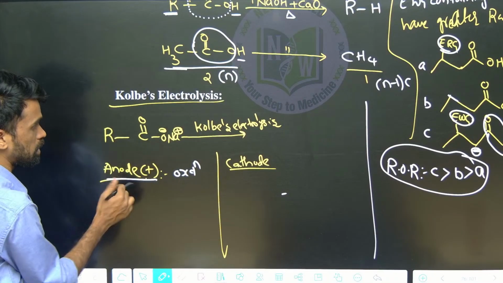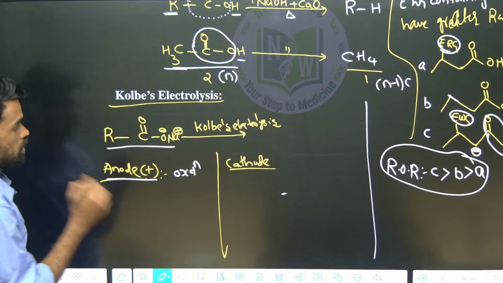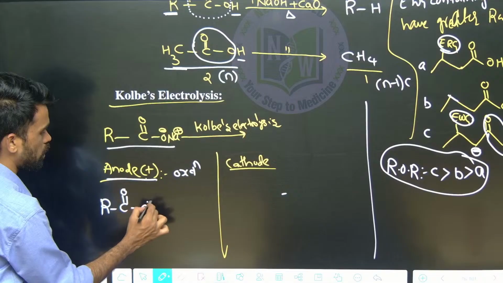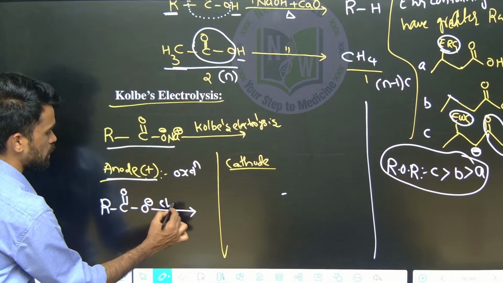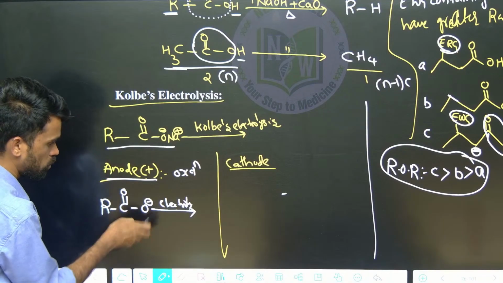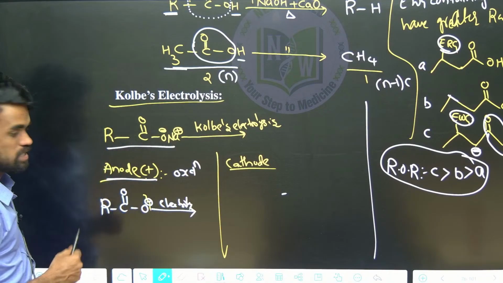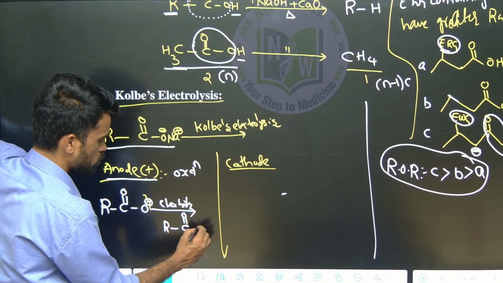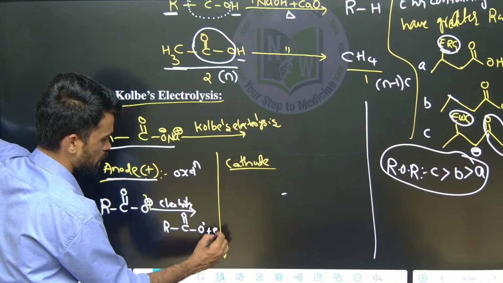It will attract the negative part of the substrate, the carboxylate ion. By passing electricity, it will lose an electron and give radical generation. So it provides a radical, as one electron is removed.